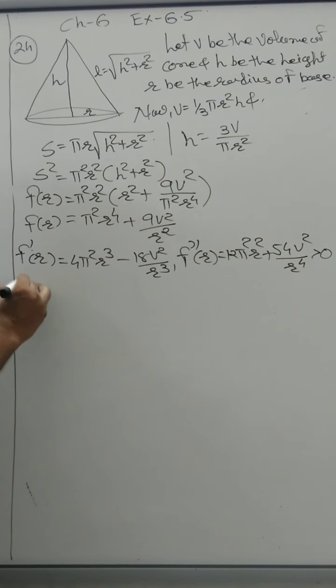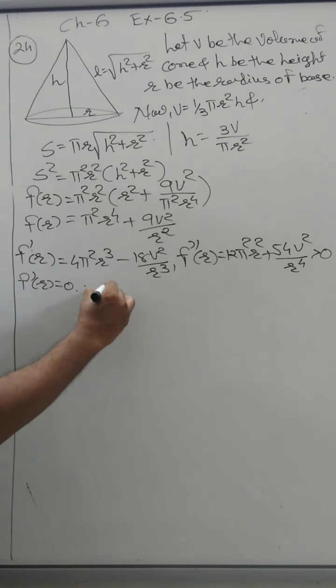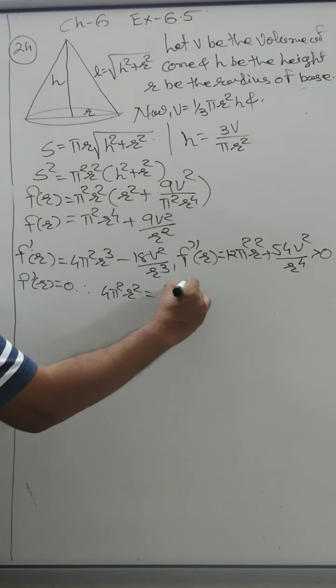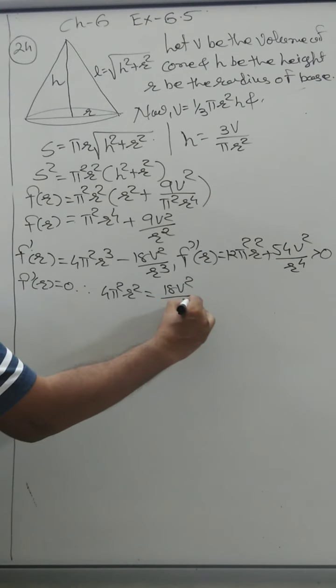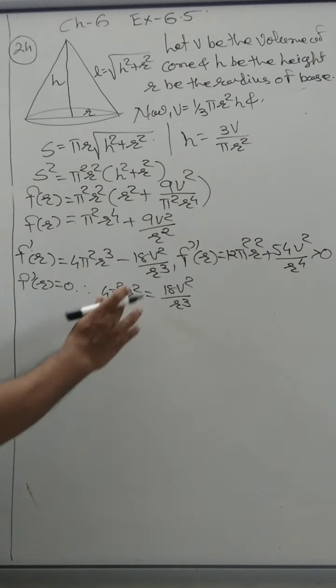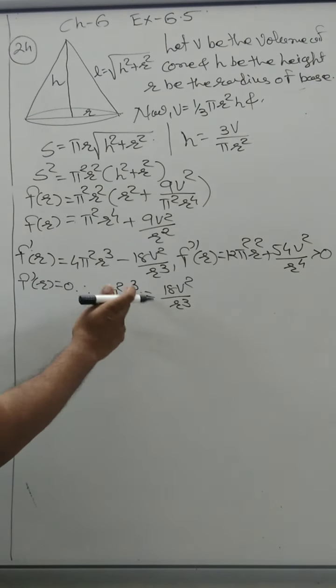Now we put f'(r) equal to 0. Therefore 4π²r³ is equal to 18V²/r³. Now we want to find r³, and r³ we put here.